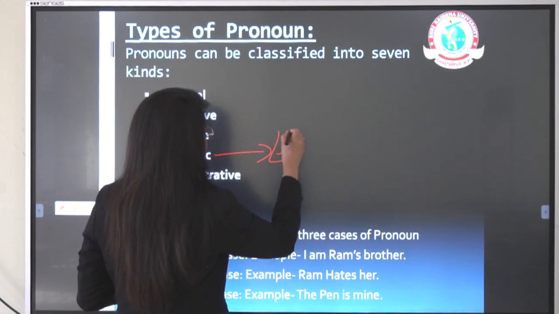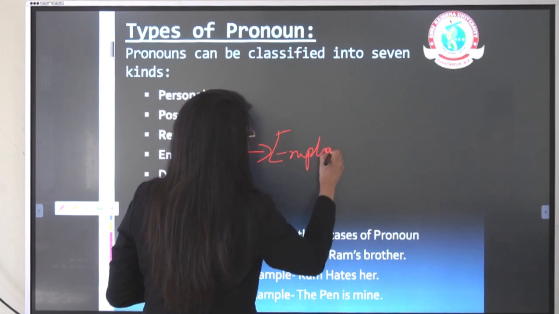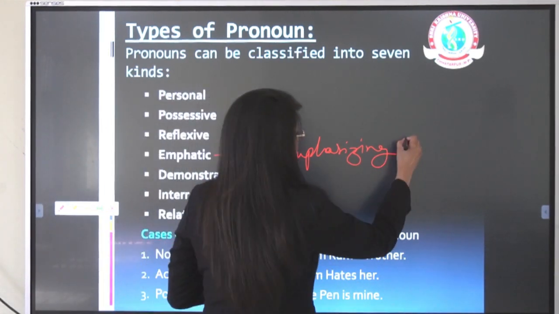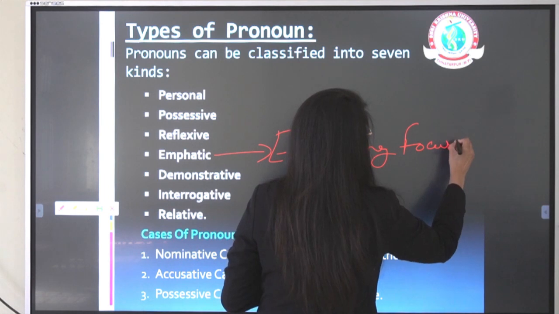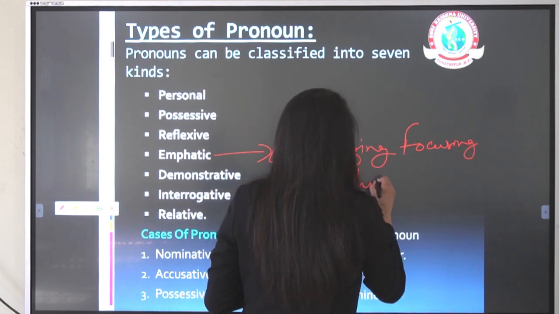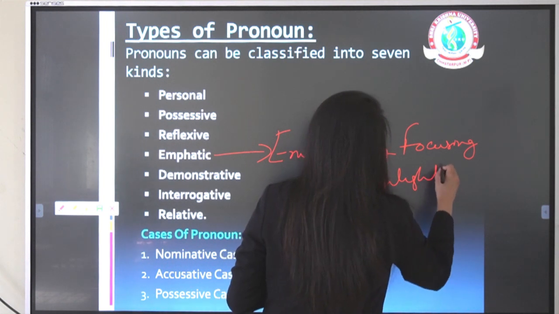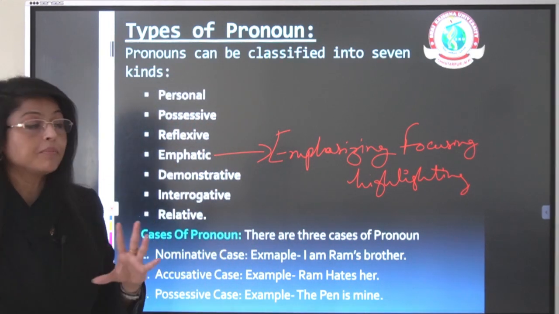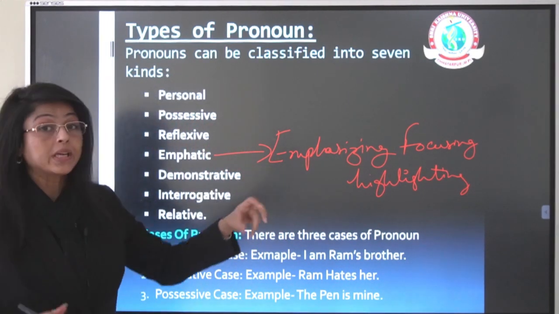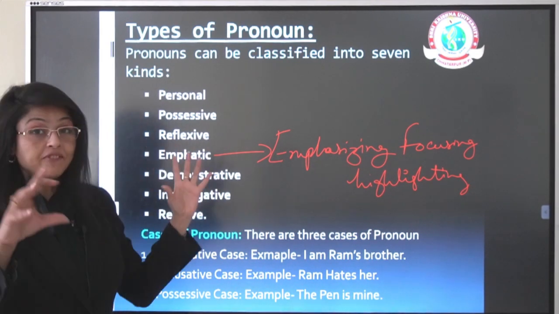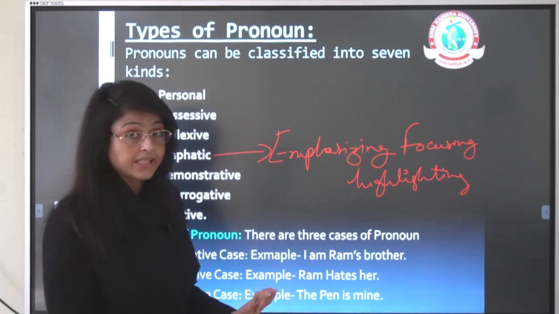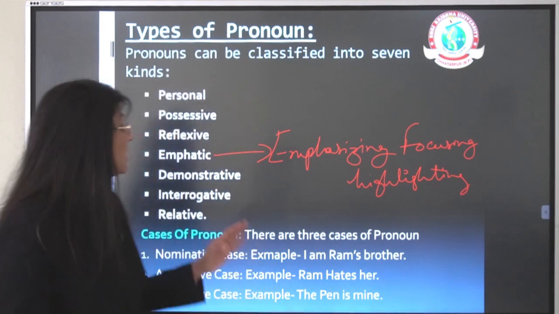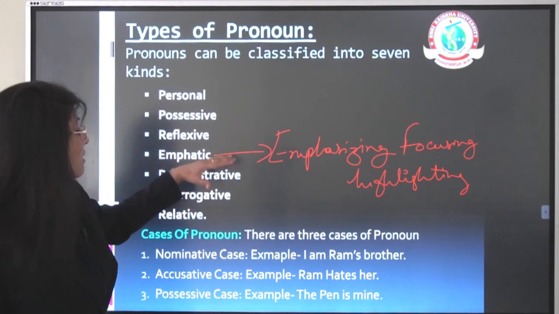You are emphasizing, focusing or highlighting on something. So the same word, like myself, becomes an emphasis. I am emphasizing myself. He himself knows what he has done. You are emphasizing, right? So these kinds of words are emphatic.